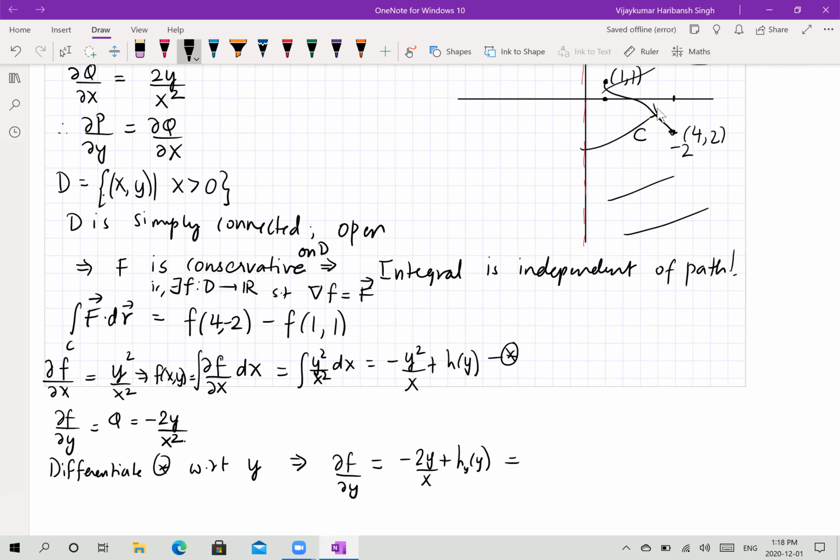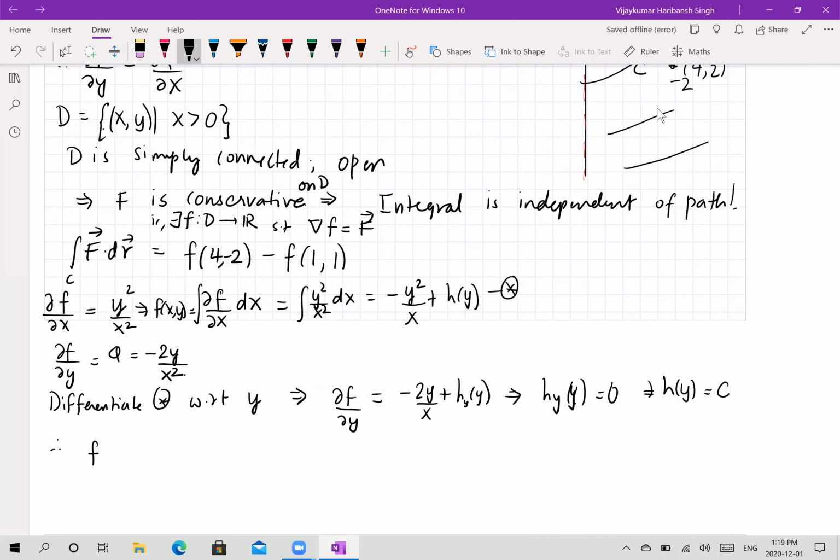When I equate it with Q, it gives h prime of y equals 0, which gives h of y equals a constant, because the derivative with respect to y is 0 and it's purely a function of y. We can take it 0 as well, but let's take it as constant c.